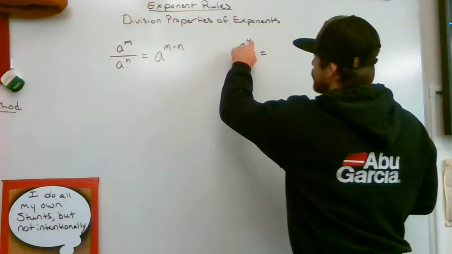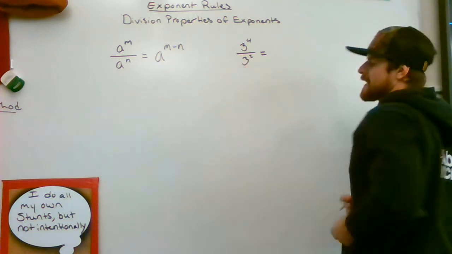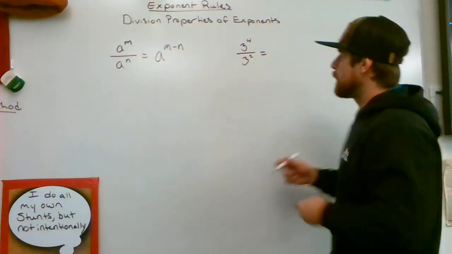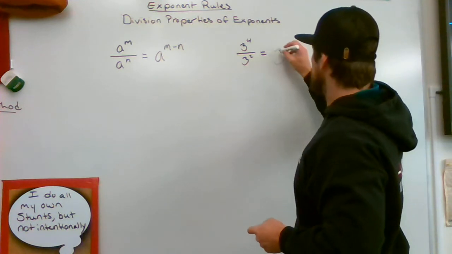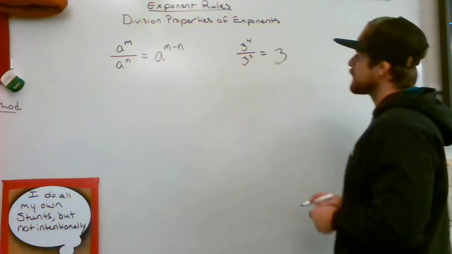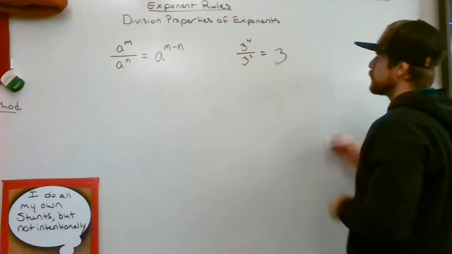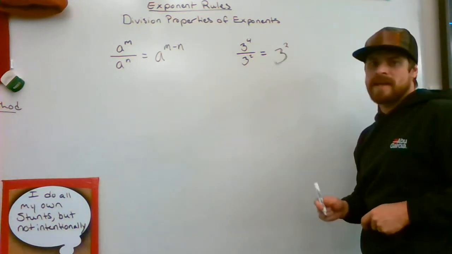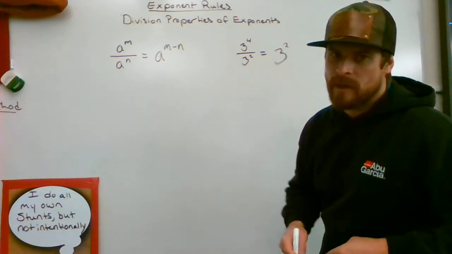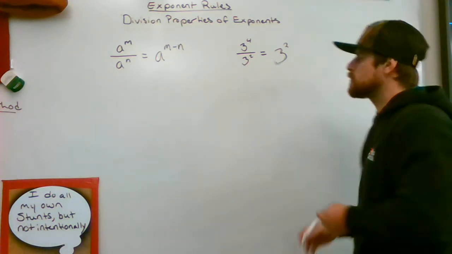So I have 3 to the 4th power divided by 3 to the 2nd power, or 3 squared. My base is the same, 3 and 3, so I'm going to copy that down, 3. And now I'm going to say 4 minus 2, which gives me a 2. Okay, so 3 squared is my answer, and we all know that 3 squared really just means 3 times itself, 2 times.